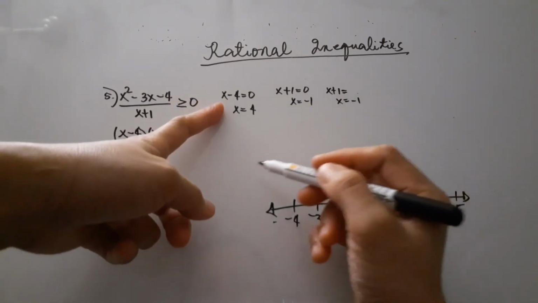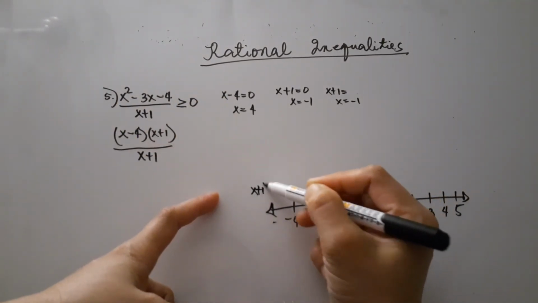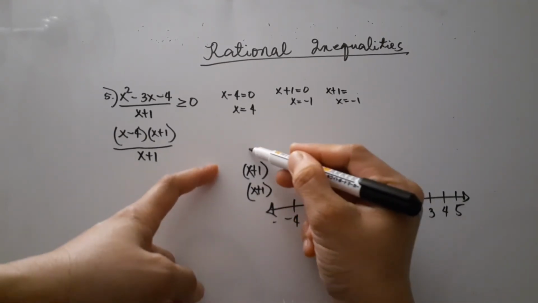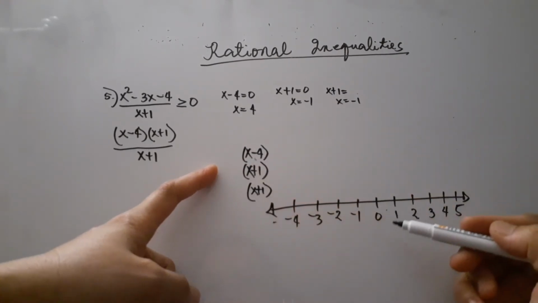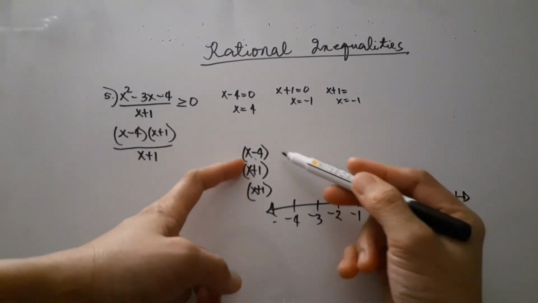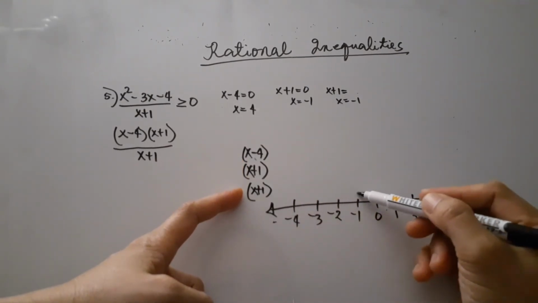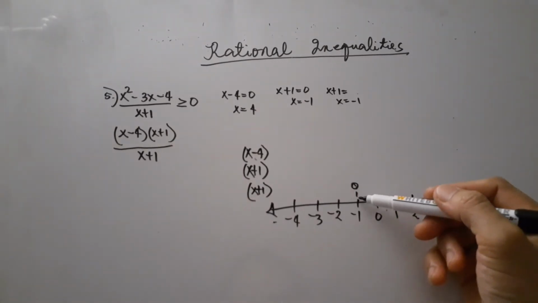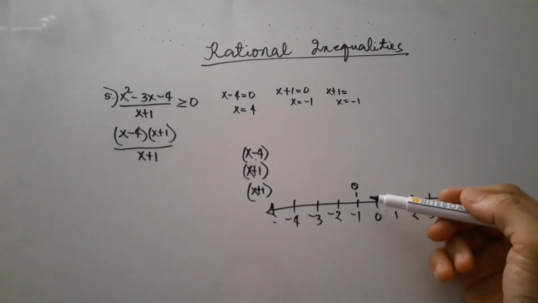And then if x minus 4 is equal to 0, then the value of x is positive 4. First, we need to put the factor here. So we locate its corresponding number. If x plus 1 is equal to 0, then x is negative 1.